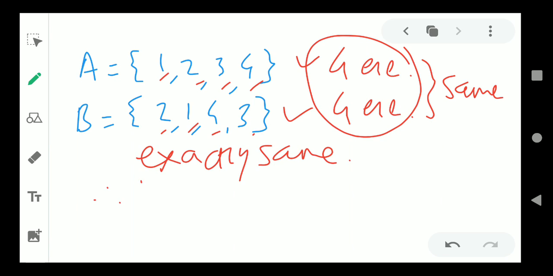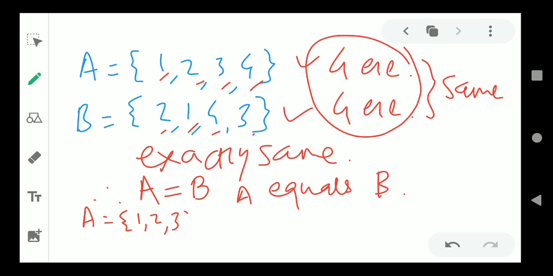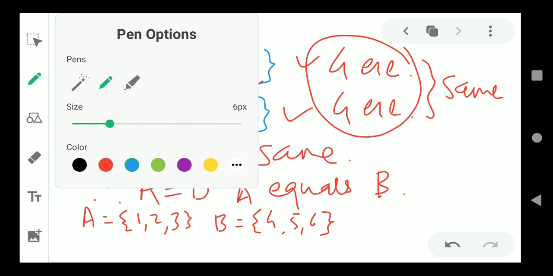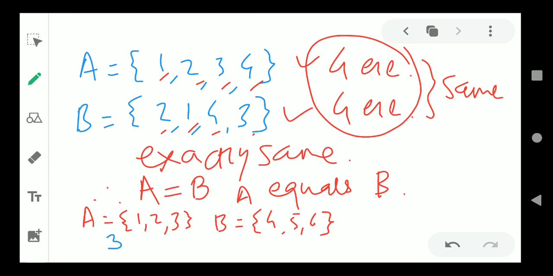So we can say A is an equal set of B, or we read it as A equals B. Now a non-example: A is 1, 2, 3 and set B is 4, 5, 6. A consists of 3 elements, B also consists of 3 elements, so the first condition is fulfilled, but 1, 2, 3 and 4, 5, 6 are not matching. So sets A and B are not equal sets.